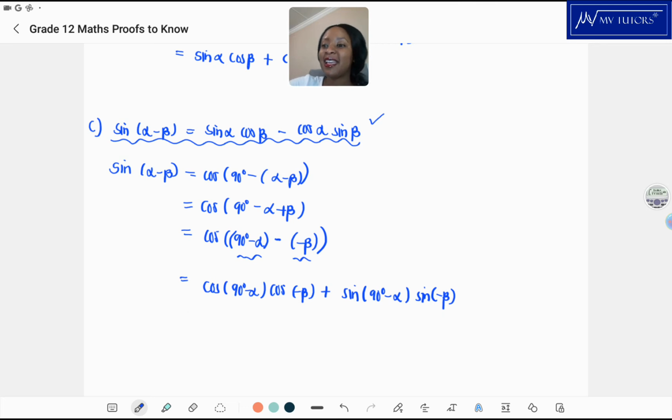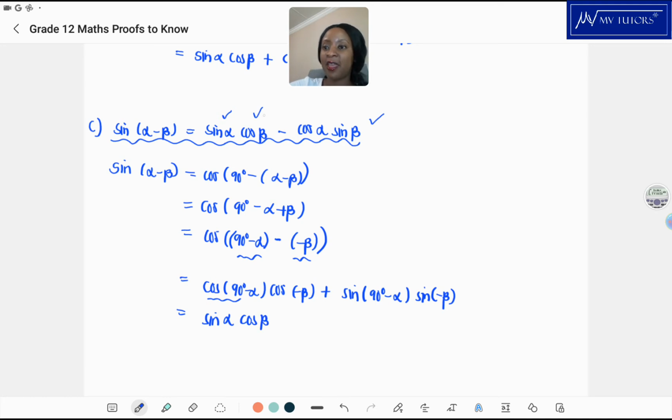Okay, and then the cos and the 90 becomes a sine. The 90 minus alpha means it's in the first quadrant, so we have a positive, and then there's going to be a positive sign. Okay, so we have that. And then cos negative beta, like we said, the cos of a negative angle is equal to positive cos of the angle.